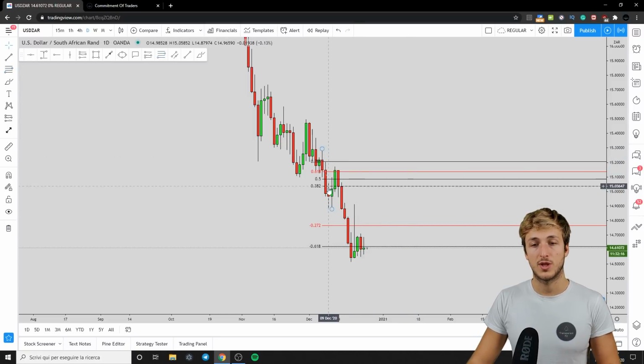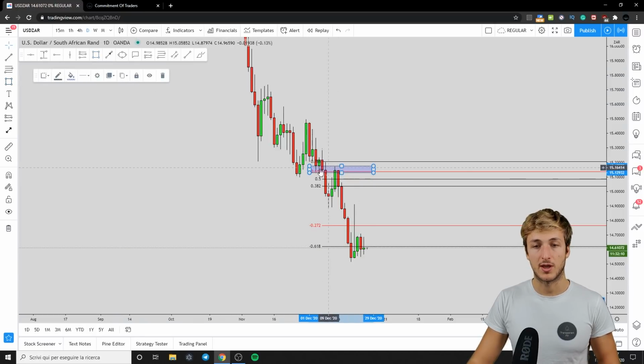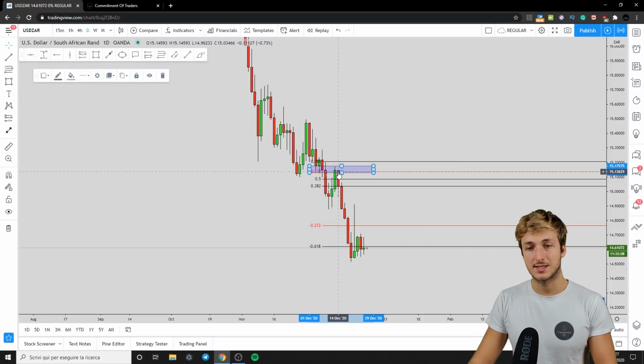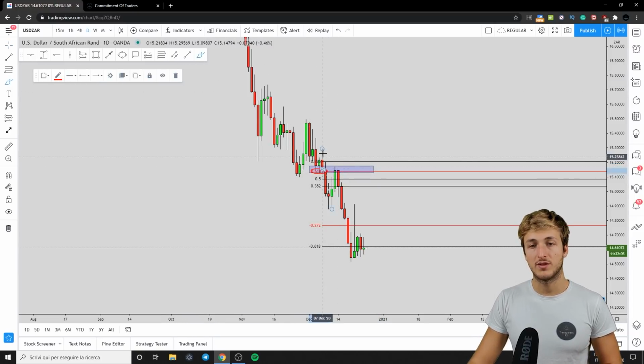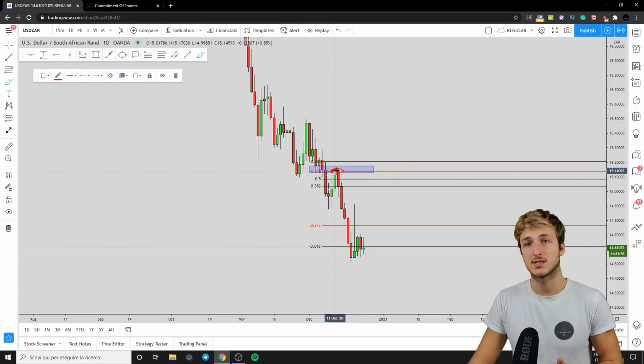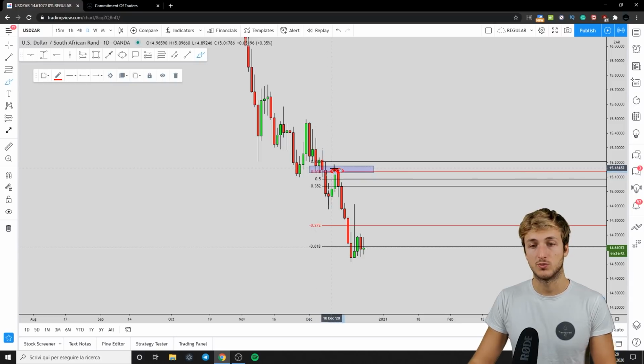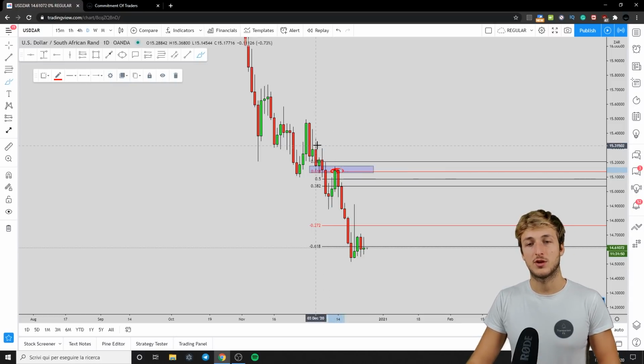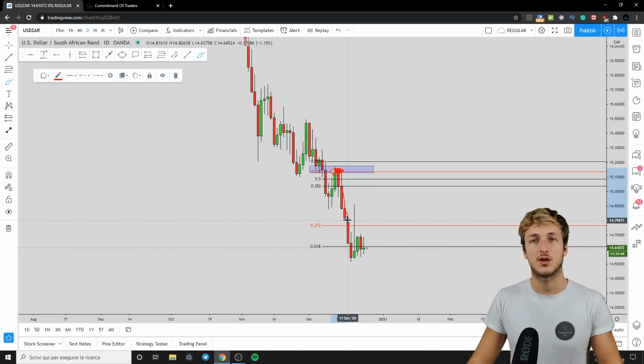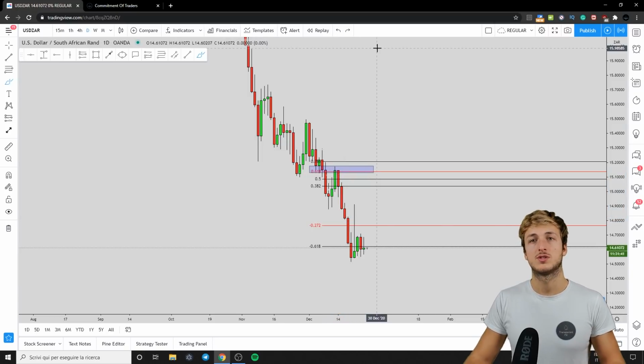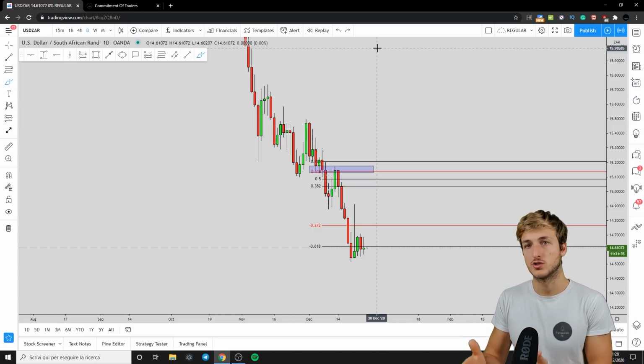And if we take our Fibonacci from the high to the low of the impulse, we can identify that the previous structure support, which is this area here, which is now turned structure resistance, is lining up with the 0.618 of the Fibonacci taken on this impulse, which is the golden ratio, meaning that this area here is a very strong confluence of resistance zone because it has the combination of the previous structure support, turned resistance, with the 0.618 of the Fibonacci taken on the impulse. And what you expect from this area is for the market to create the continuation to the downside. So that is how you use market structure and Fibonacci in confluence to find confluence of resistance or support areas.